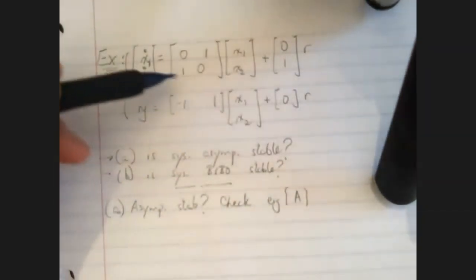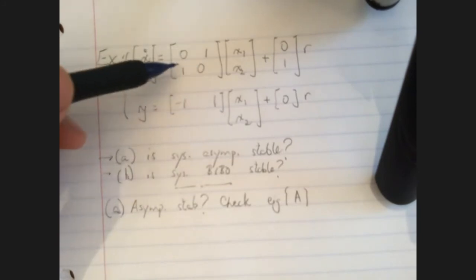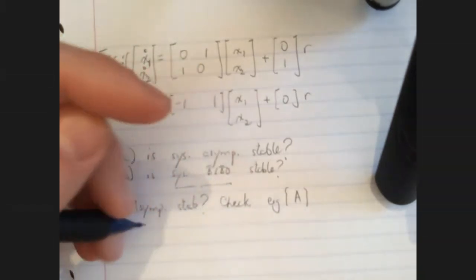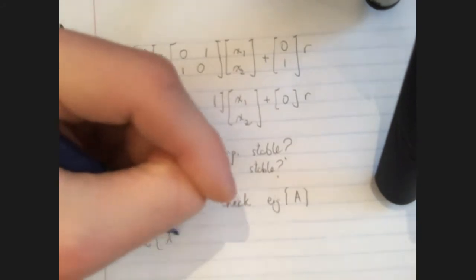In this case, the A matrix is [0, 1; 1, 0]. So I would do the determinant of lambda I minus A. This is the determinant of [lambda, 0; 0, lambda] minus this A matrix, [0, 1; 1, 0].